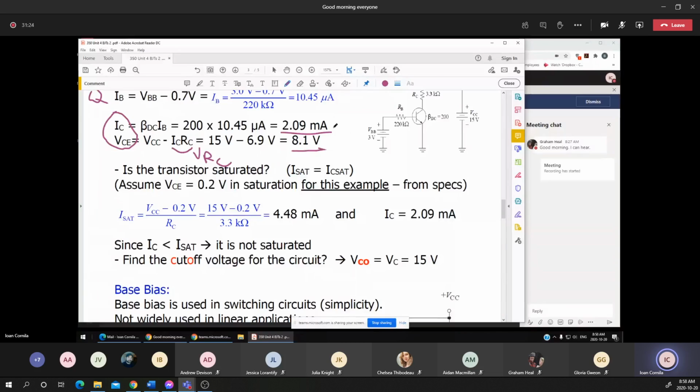So the two coordinates of the Q point are the collector current 2.09 and the VCE as 8.1.